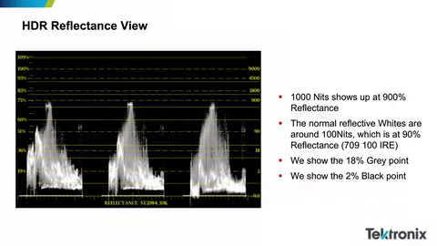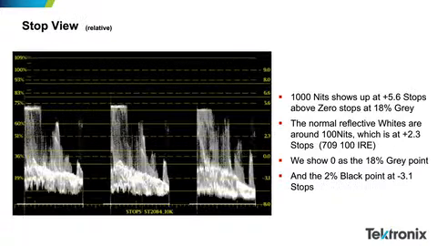We can also look at the data as a relative stop view, where we have assigned the 18% gray neutral as 0 stops, and we can tell you how many stops above that is the 100 nit point, and how many stops below that is the 2% point, all the way up to 5.6 stops above 18% would be the 1,000 nit point.